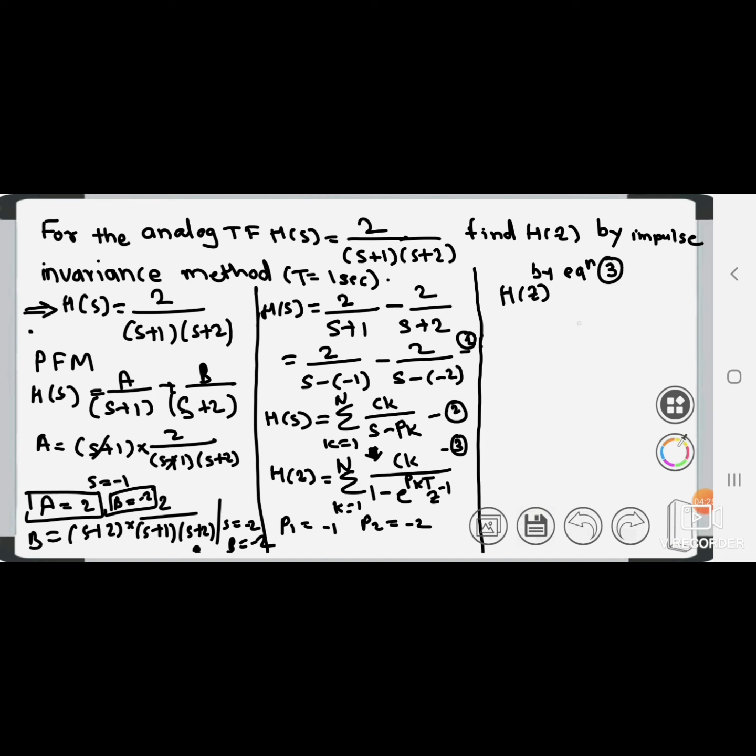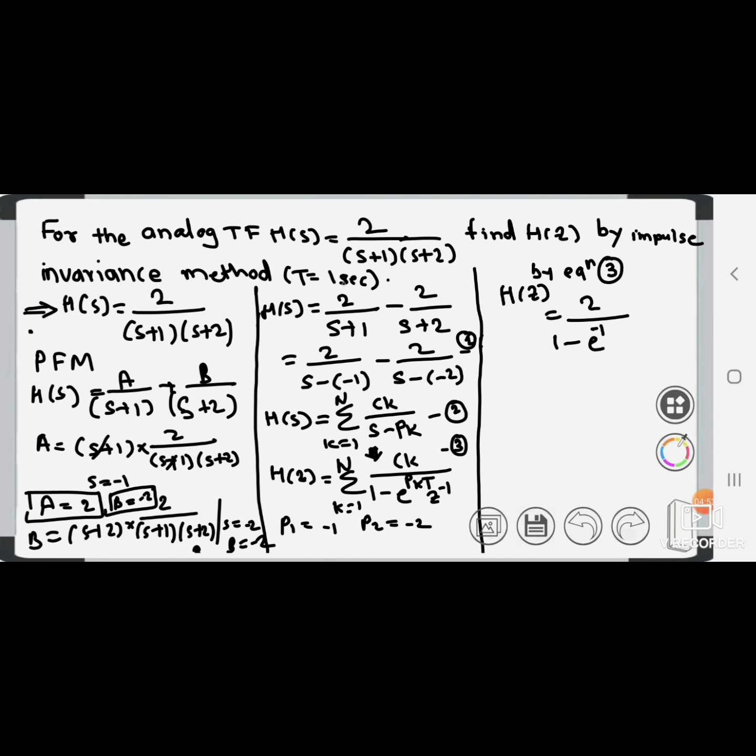H(z) is nothing but, just put these values. Here Ck is nothing but these two values, 2 and -2. So 2 upon 1 minus, now look at this, e raised to pk T. What is pk? Instead of pk, p1 and p2. What is p1? P1 is nothing but -1.